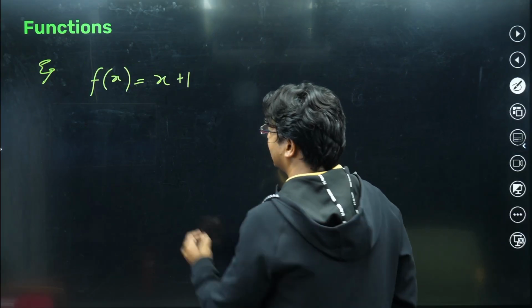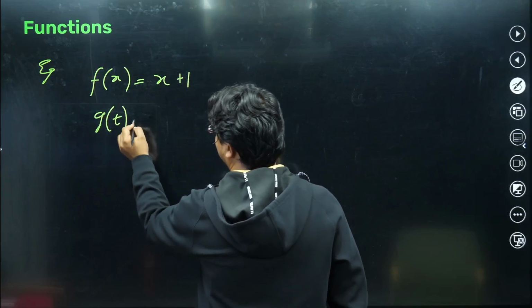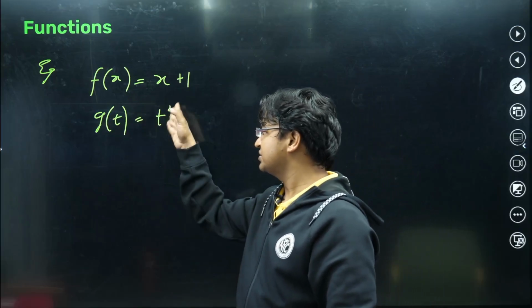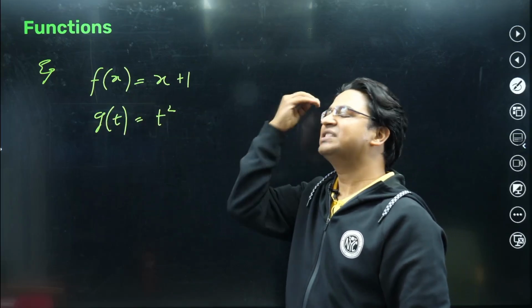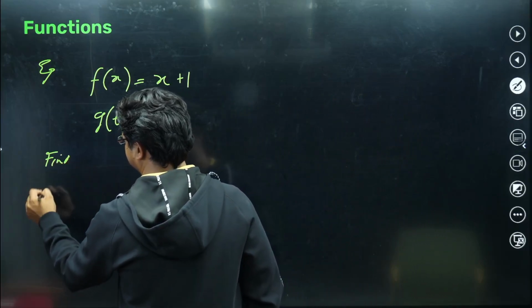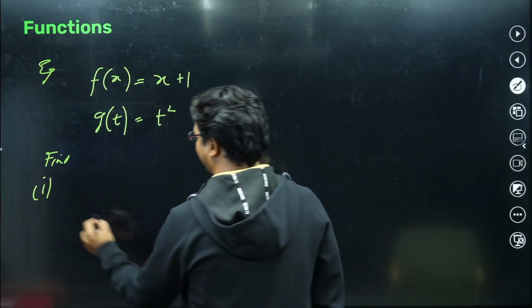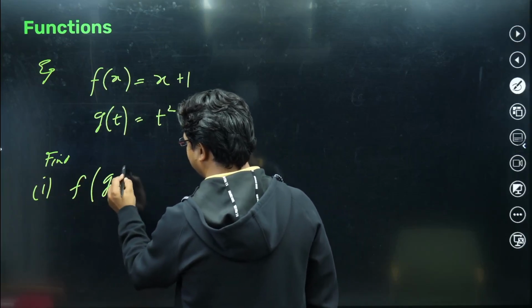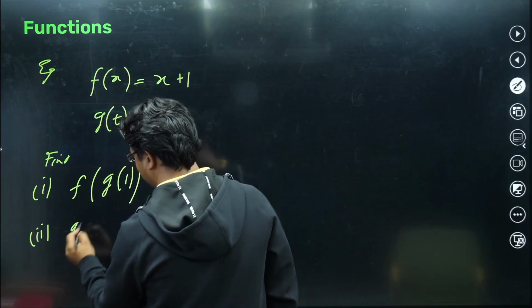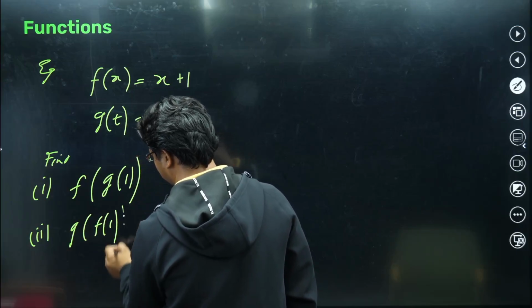I can say g of t is, let's say, t square. It basically means that whatever you have written here, the same thing should appear here. So the symbols can change. Now let's say find f of g of 1, or g of f of 1.